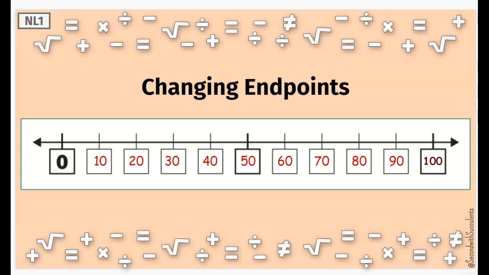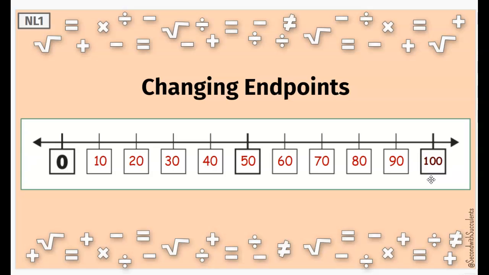On this number line, what were we counting by? If you were thinking we're counting by tens, excellent work. We have the same amount of squares. The only thing that changed is our endpoint. Still starting at 0, same amount of squares, but we end at a different number.